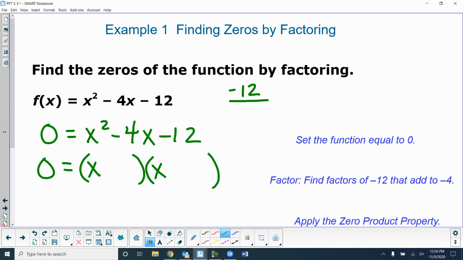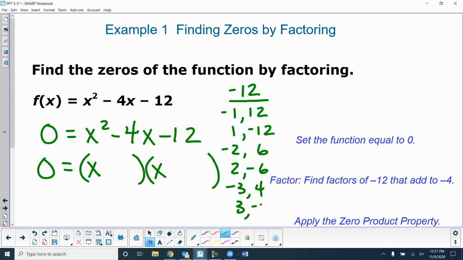Okay? All I worry about is the C value. And I think about what times what is -12. Those are the factors of -12. So I could have -1 and 12, +1 and -12. I could have -2 and 6, or 2 times -6. I could have -3 times 4, or 3 times -4. All of those multiplied give me -12, right? Then I look to see which pair, when I add them, gives me the B value, -4.